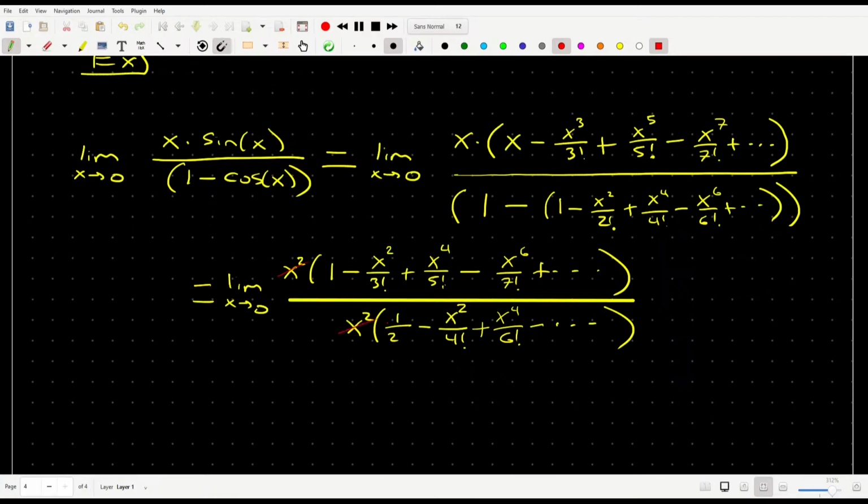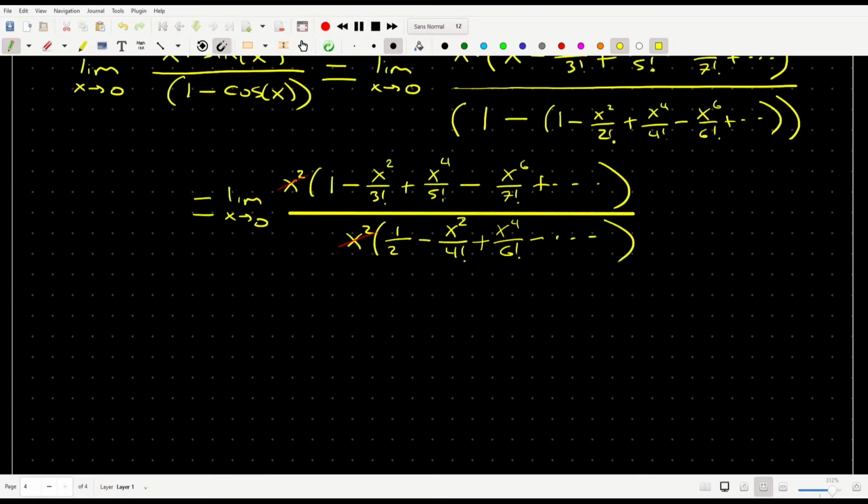And we get a nice cancellation here between the x squareds.